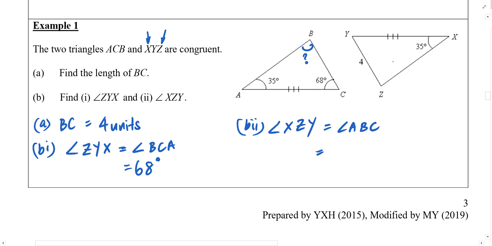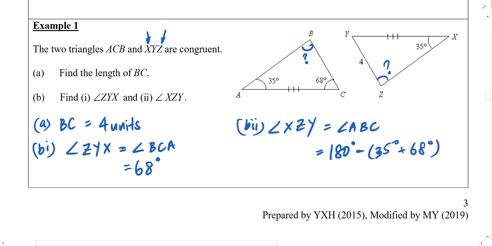Angle ABC. What is it? No, you tell me the working. 180 minus 35 degrees plus 68 degrees.